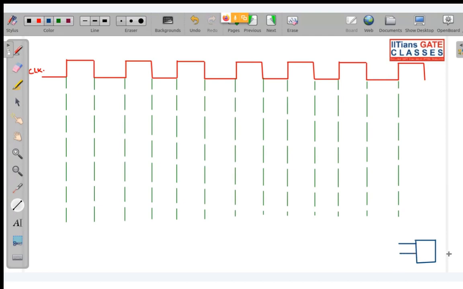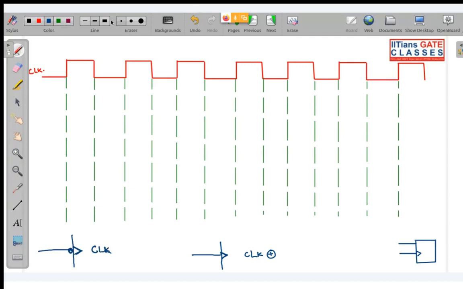So let me write it like this. This is the clock. I haven't told you whether this is positive edge or negative edge. If it is positive edge, the clock symbol will look like this, with a triangle. For negative edge, there will be a bubble.